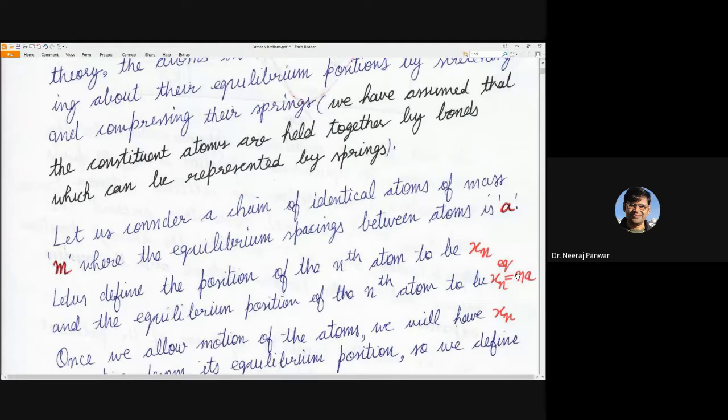It is the nth atom and it is at a distance of n times a from the first atom on the left side.